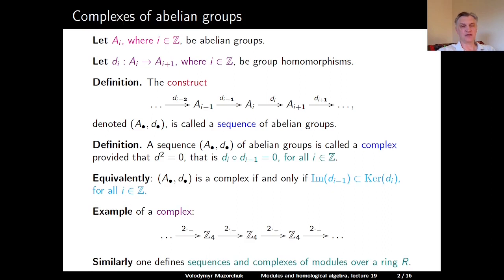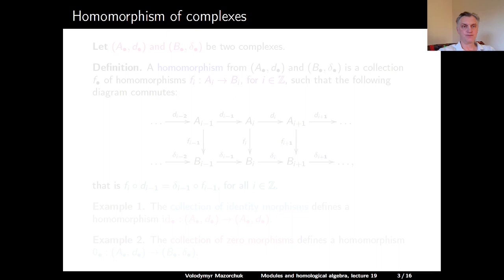This defines complexes and sequences of abelian groups, and similarly, one defines complexes and sequences of modules over an arbitrary ring R. Next, let us define homomorphisms of complexes. Let A_• and B_• be two complexes. So let the differential in A be denoted by d, and the differential in B be denoted by delta.